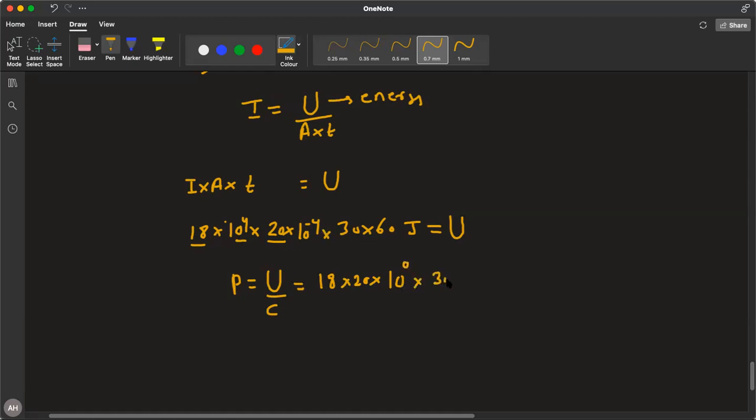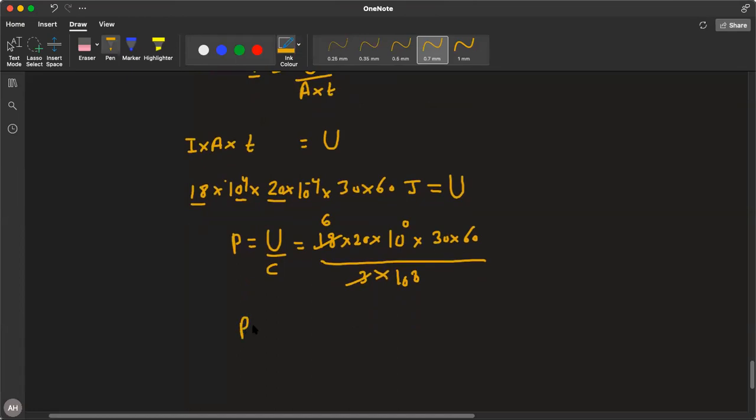And then you have 30 into 60 divided by speed of light, which is 3 into 10 raised to the power 8. Now, this 3 will cancel this 18, it's 6. And the momentum carried by EM wave is 120 into 30 into 60 over 10 raised to the power 8.